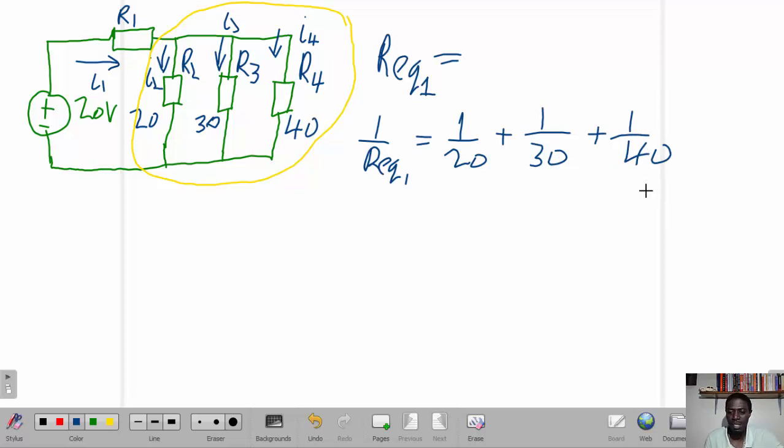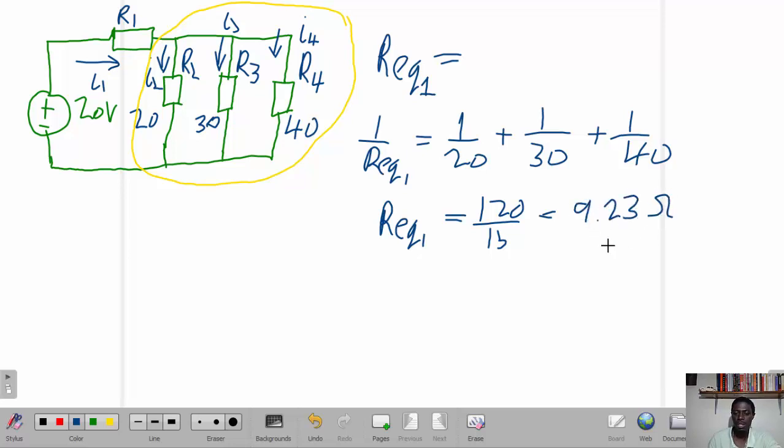Then Req1 gives us about 120 over 13, which leads to 9.23 ohms. So that is the total resistance.